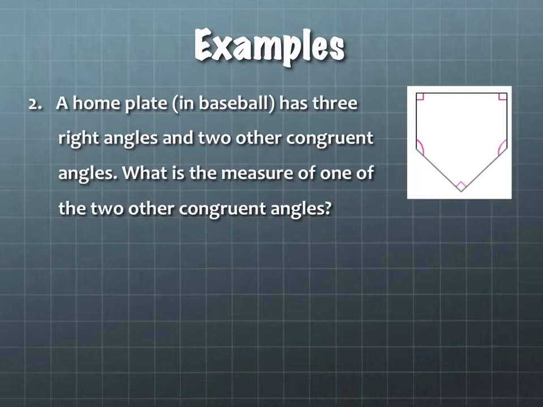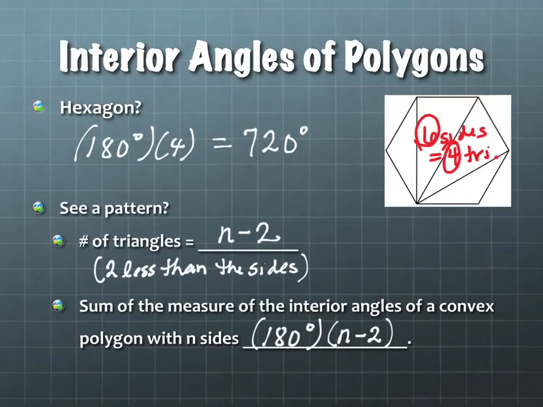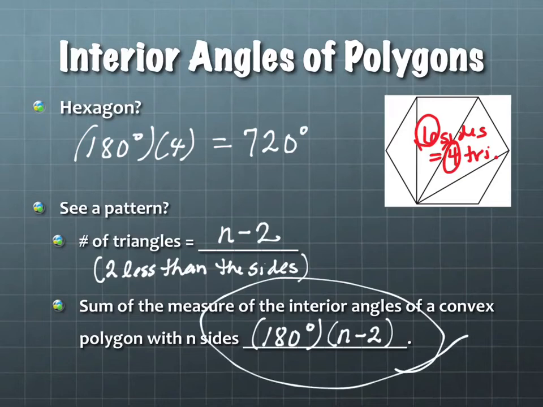So one of the things that we encountered last time when we worked together was this pattern that created for us the sum of the measure of the angles inside any kind of a polygon shape. So this is what we encountered. In our shape in particular, we have 5 sides. It is a pentagon.